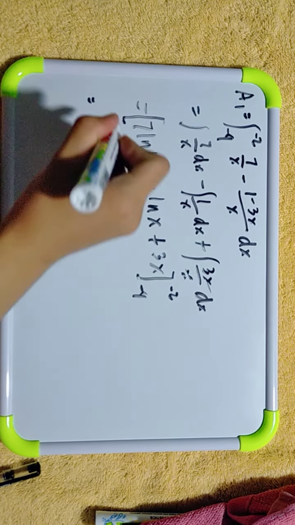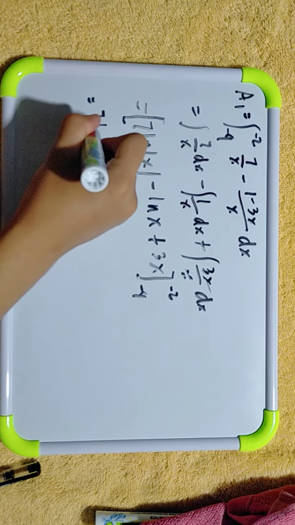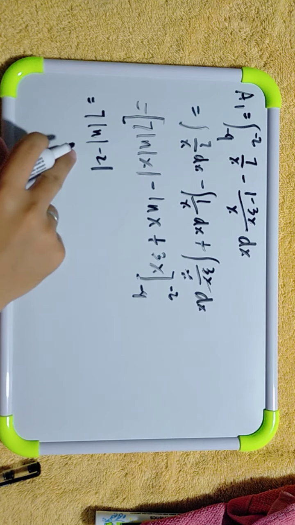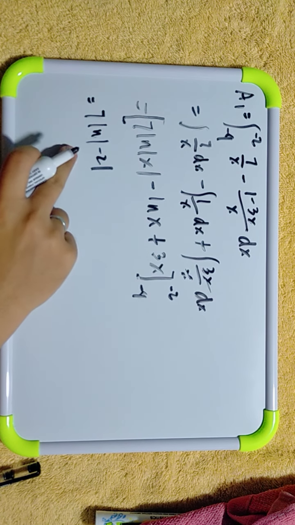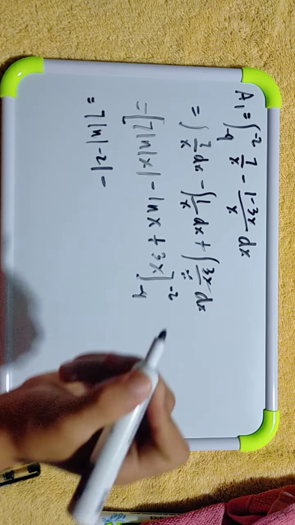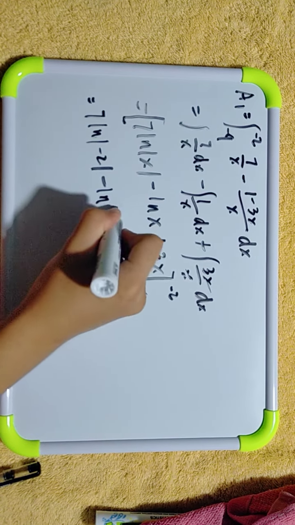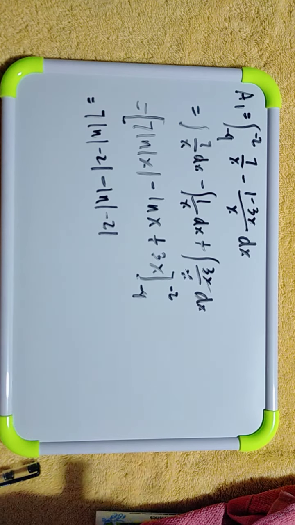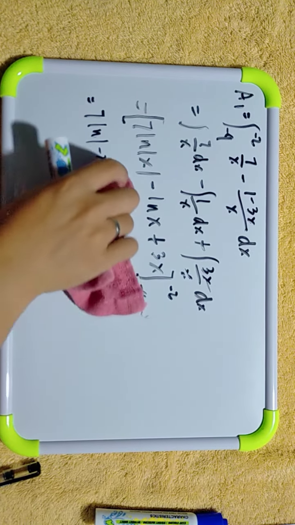So magiging 7 ln the absolute value of negative 2, kasi kapag hindi siya absolute value, undefined yung magiging sagot. So, minus ln the absolute value of negative 2 again. So dito pala, pwede pa pala natin siya i-simplify.